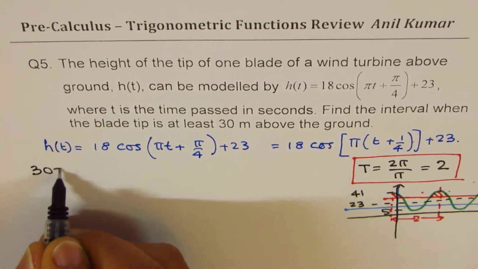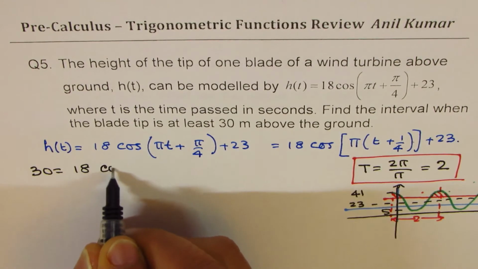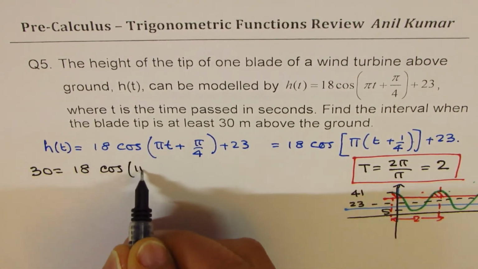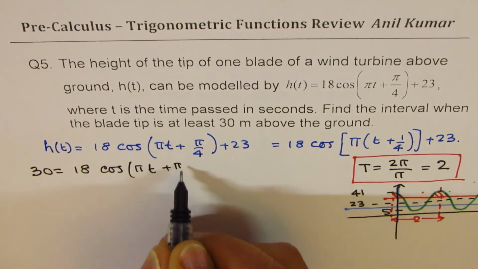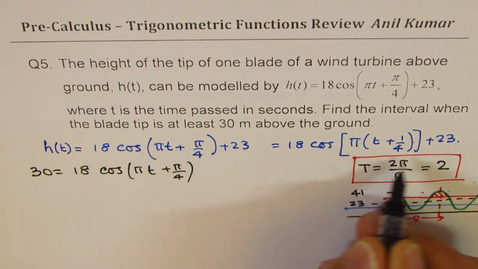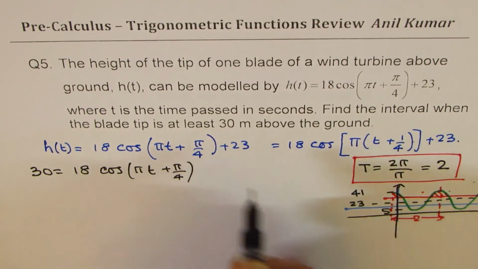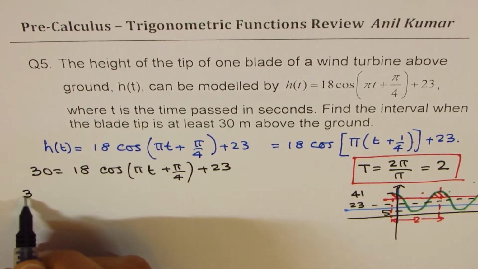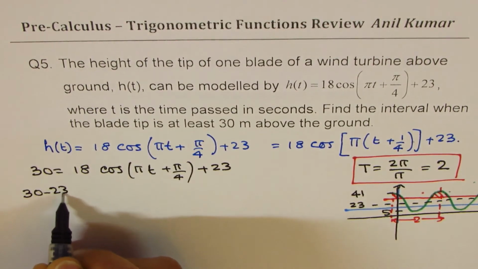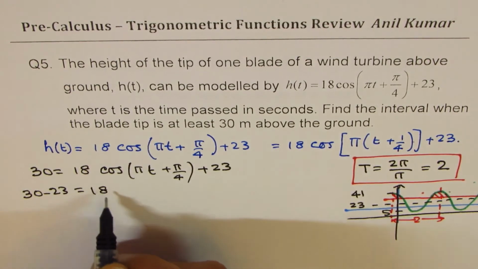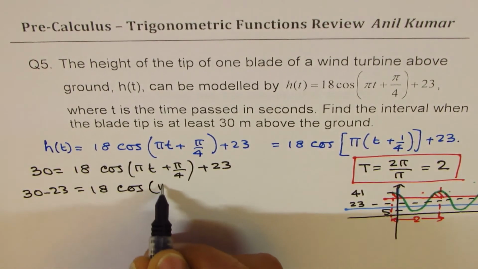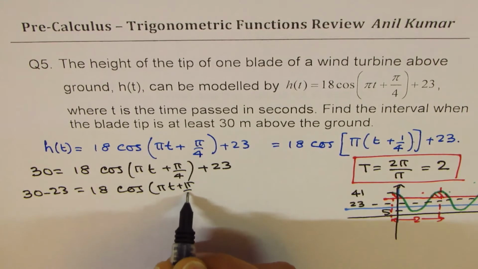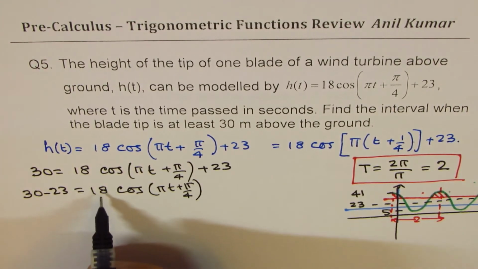So we get 30 equals 18 cos of, I'll use the same equation, pi t plus pi by 4, plus 23. The factored form is better for calculating the period, but this form is better for phase shift and all that, right? So we'll bring 23 this side to get 30 minus 23 equals 18 cos (pi t plus pi by 4), and then we'll divide by 18.